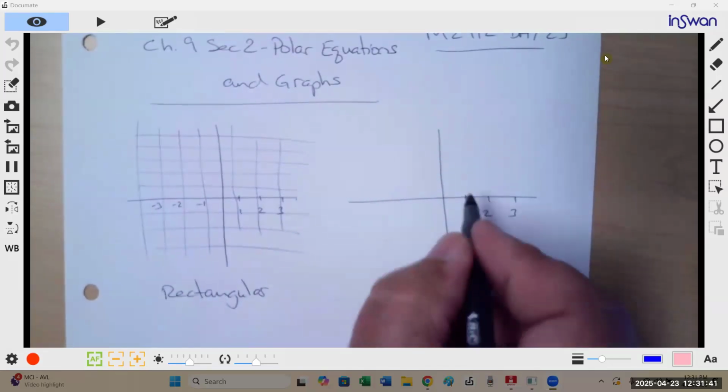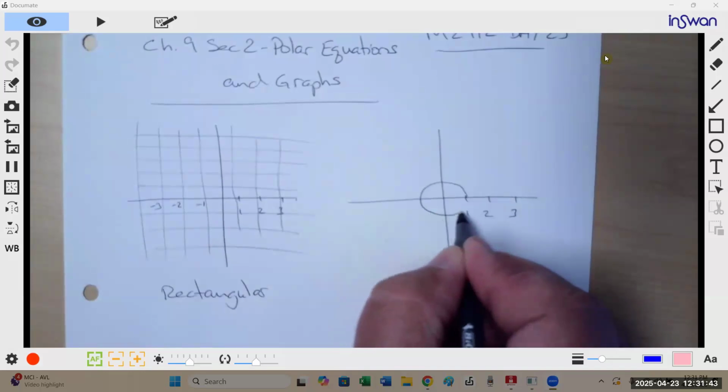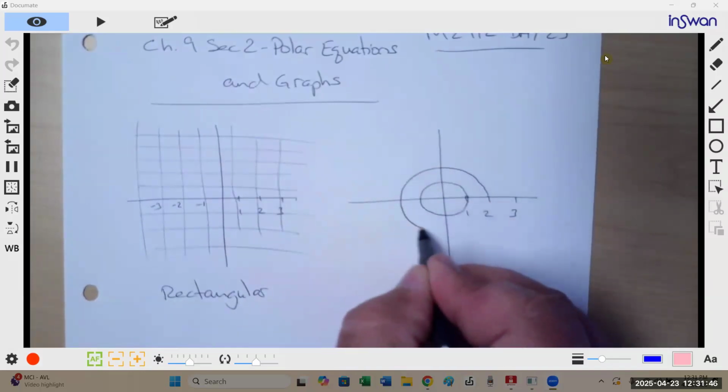Right. In polar coordinates, it's concentric circles.